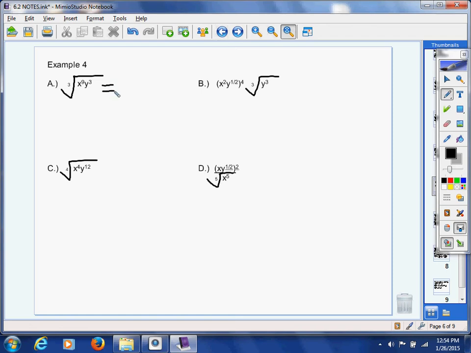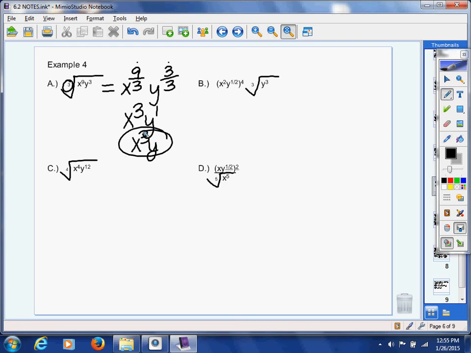Simplest way to do it: take your base x, and remember, when we undo the radical and turn it into a fraction, you take the exponent on the x and divide it by the index. That's going to become your denominator. Do the same thing with the y. Take your exponent, which is 3, divide it by the index. Then simplify these two fractions and you'll end up with x to the third, y to the first, or in other words, x cubed y. And that's as simple as I can make it there.